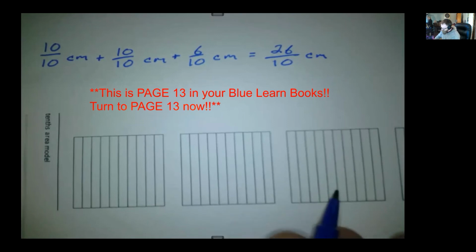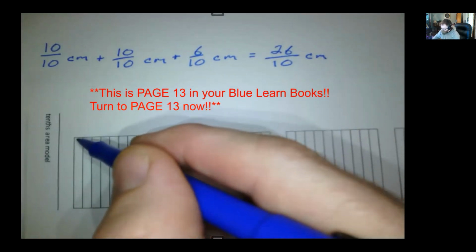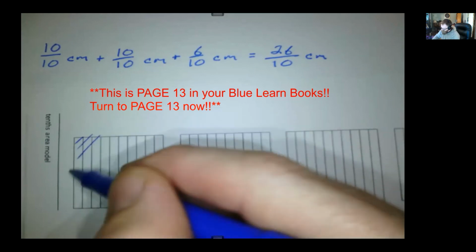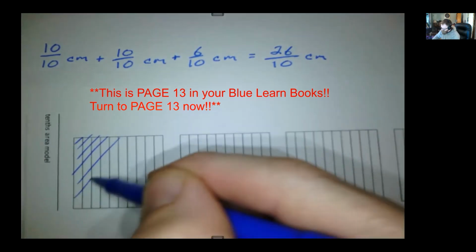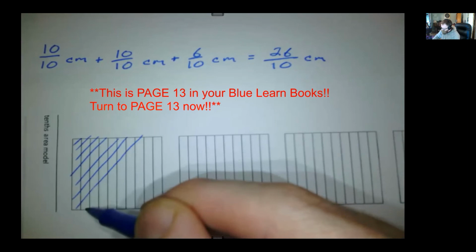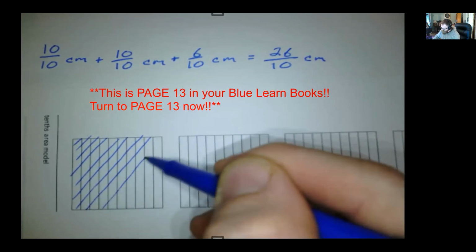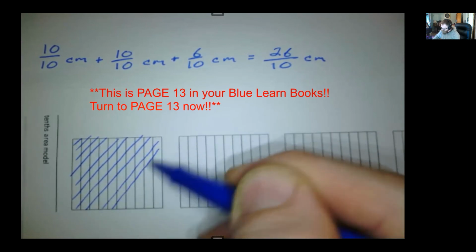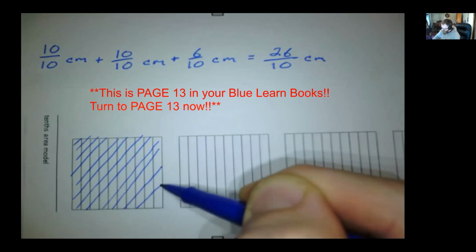Each of these squares has 10 columns. Don't scribble it or make a mess out of it. Just diagonally shade the way we learned quickly.